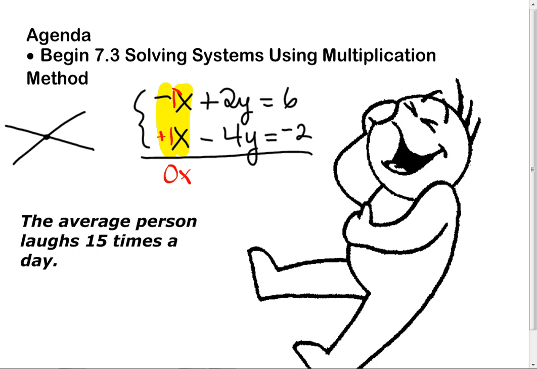What's true about these numbers? They have to be the same but opposite in sign. Then they'll add to 0. Like what, Josh? What would I add to positive 2x to make that go away? Negative 2x. Okay. So that's what we're going to do today.